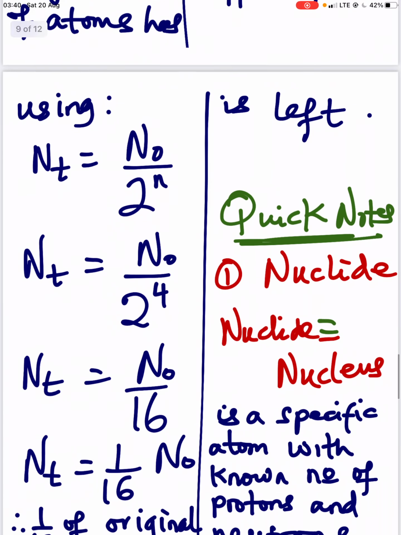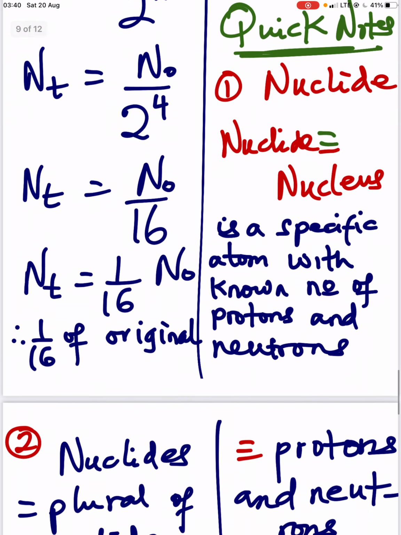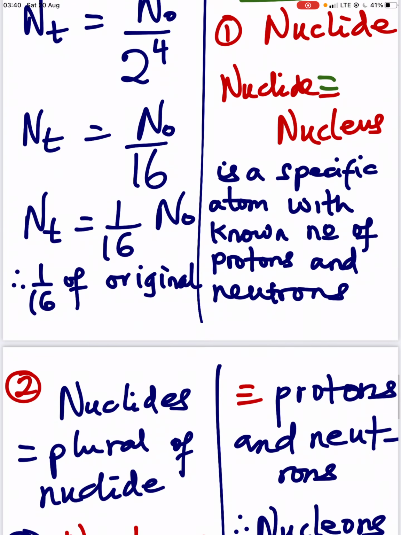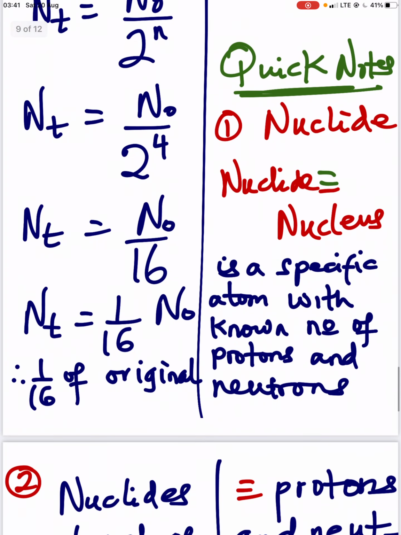So we get n is 4. Using Nt is N0 over 2 raised to power n, we get Nt is equal to N0 over 2 raised to power 4, since 4 half-lives have passed. So the amount remaining Nt is N0 over 16. That's the same thing as 1 over 16 of the original quantity is left.